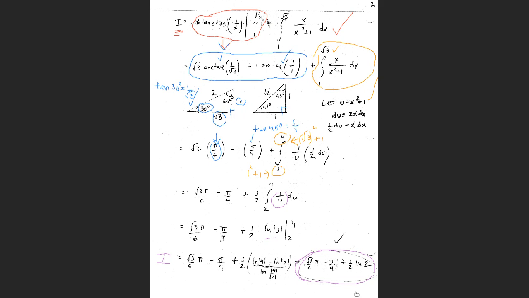Hold on here. There was a chat thing. Oh, Ryan asked, thank you, Christopher, why does it turn into the log of the absolute value of u? That's just the antiderivative. The antiderivative of 1 over u is the log of the absolute value of u. That's one of the rules, like in Calculus 1.